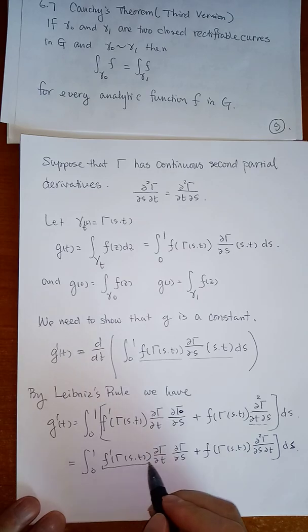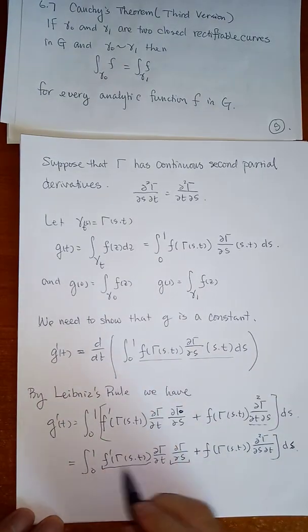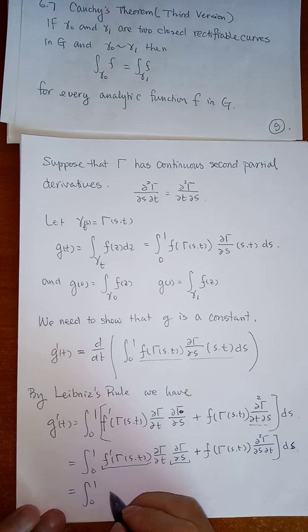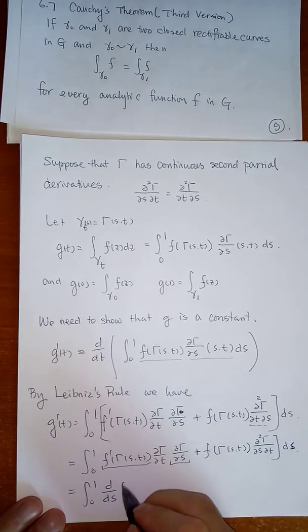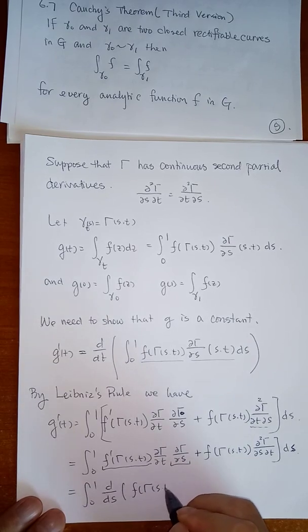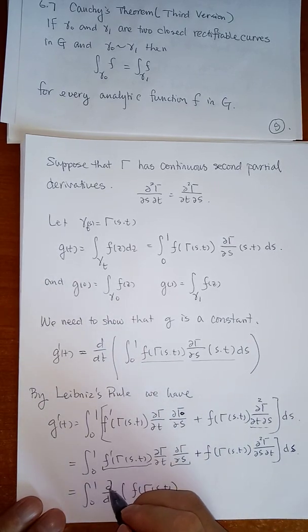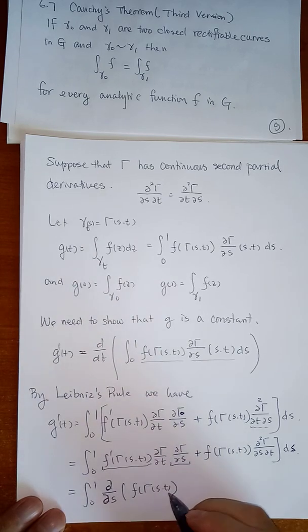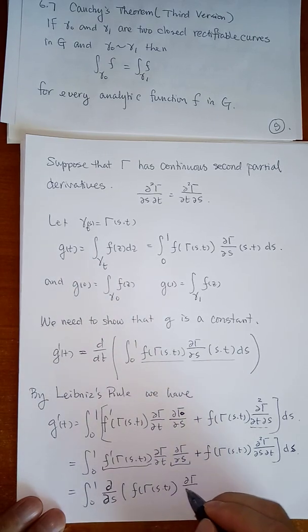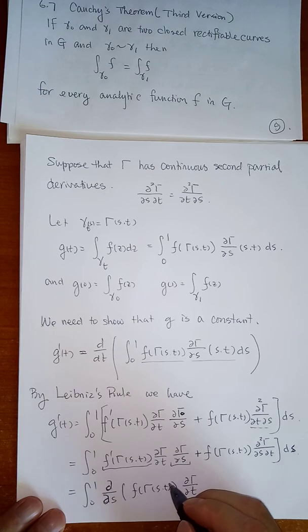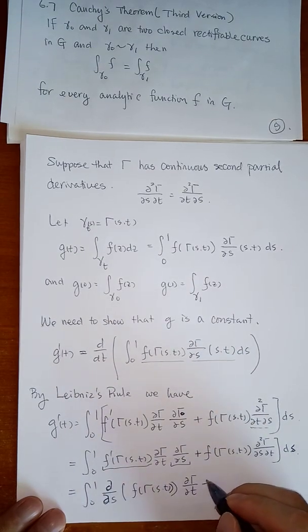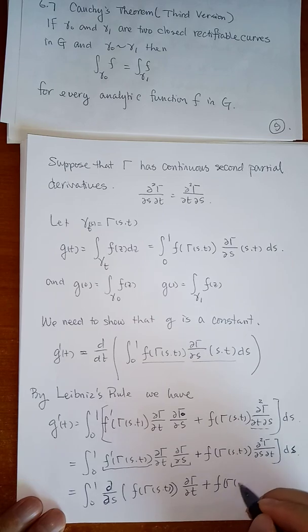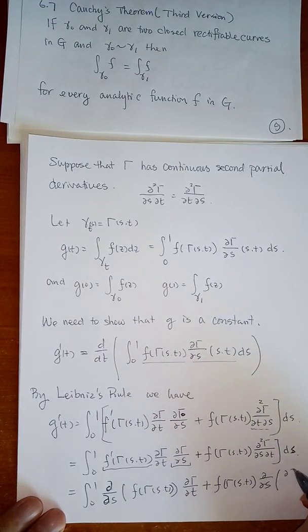Okay, now let's see. We put these two together, and we get the derivative d/ds of f of gamma st times partial gamma partial t. We use d or partial, same thing. And from this part, we get f of gamma st times partial s partial gamma partial t.